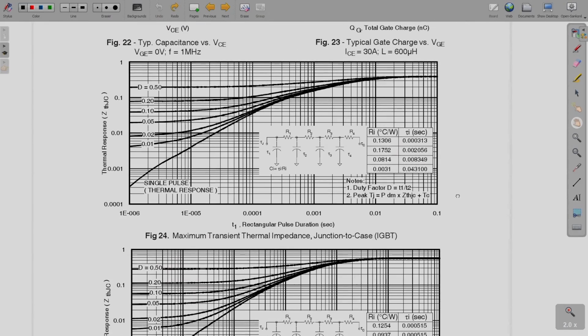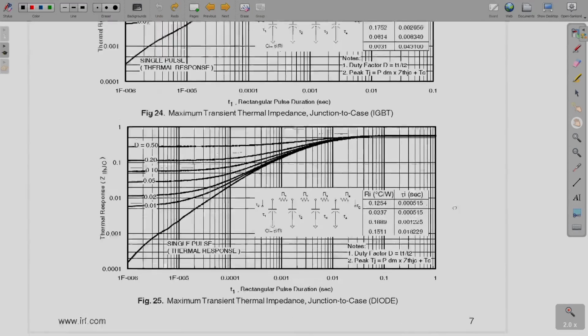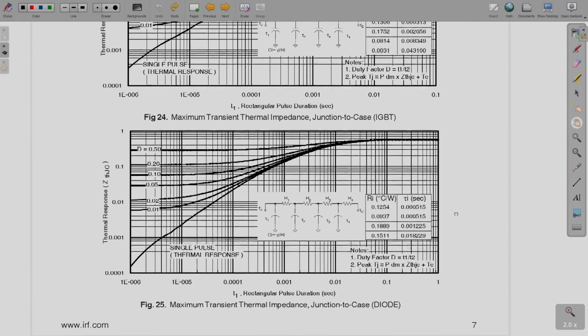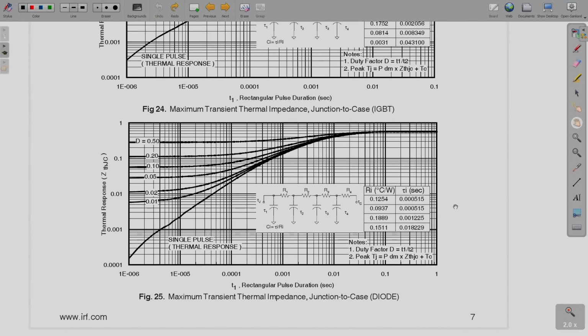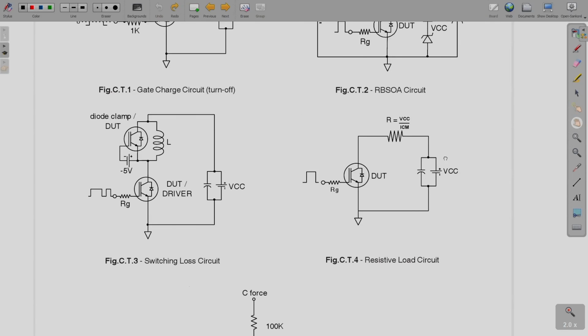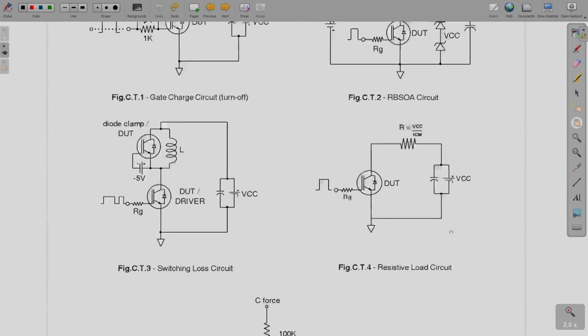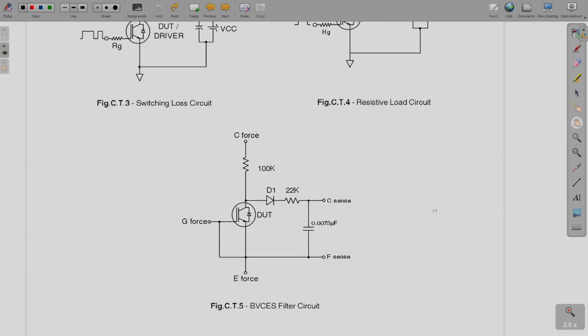Further your thermal response also will be provided by the manufacturer for the IGBT as well as for the diode. We will not look into it now, but later we will take it up in the course. Then apart from that the manufacturer may also give you different test circuits that they might have used.